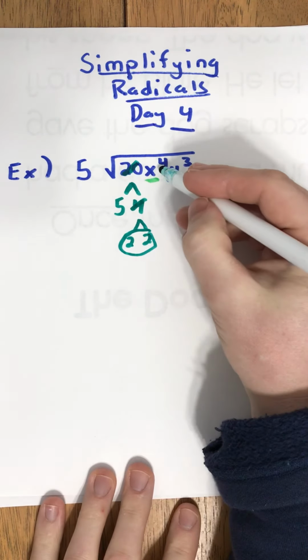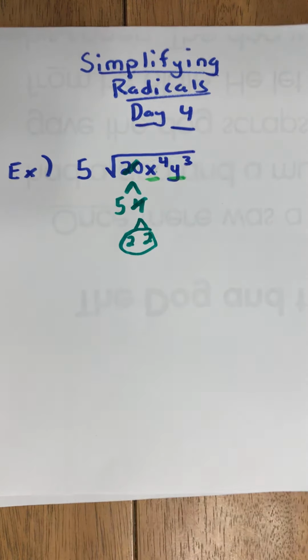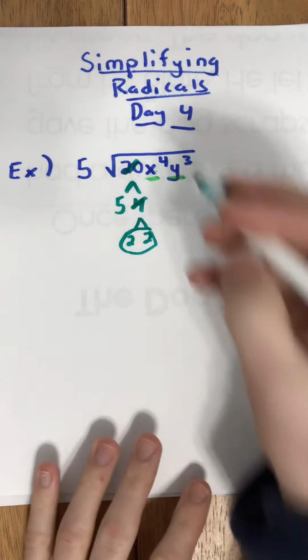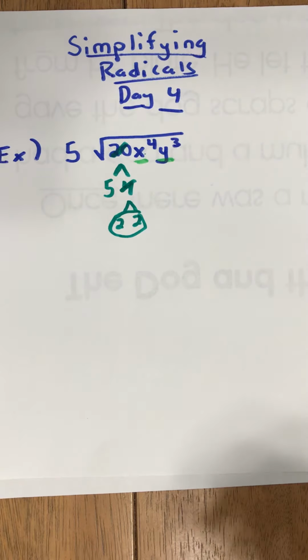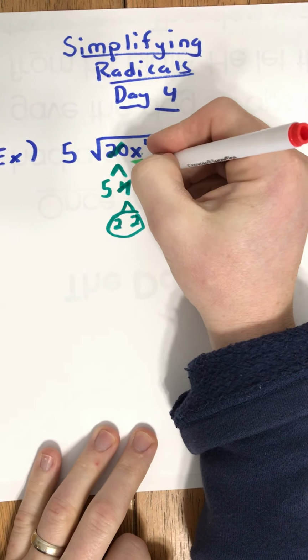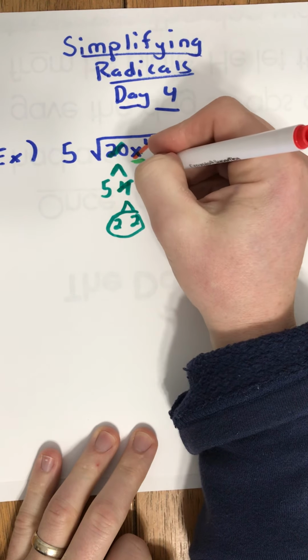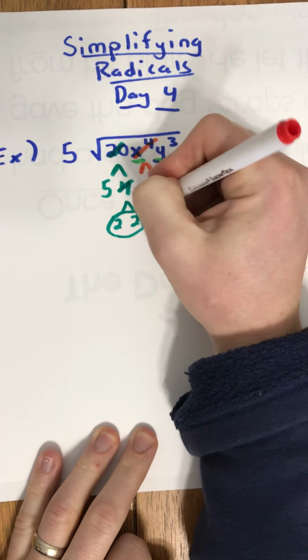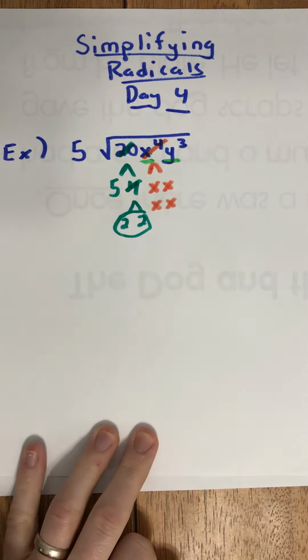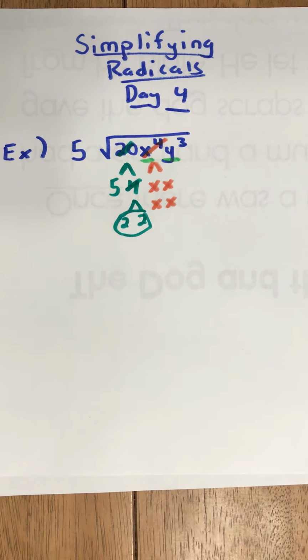So we also have now x to the 4th. Now what that means is that we really have 4 x's inside this radical. So x to the 4th can be broken up as 4 different x's. And then I've got y to the 3rd right next to it.